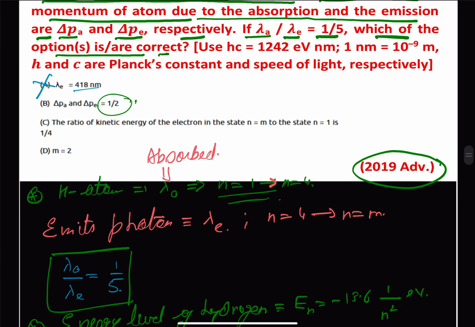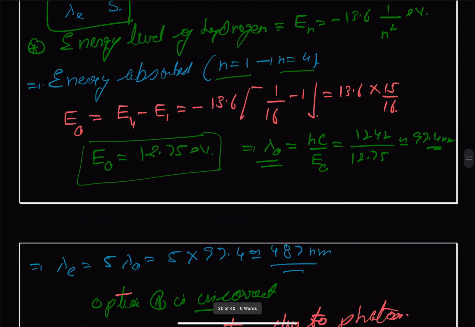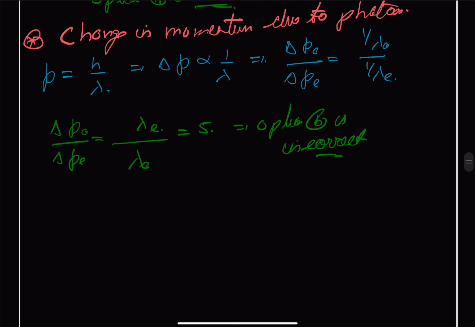ratio of the kinetic energy from the transition n equal to m to n equal to 1. So we know the equation for our kinetic energy. Let us start with our energy at nth level, which we have already written the formula.